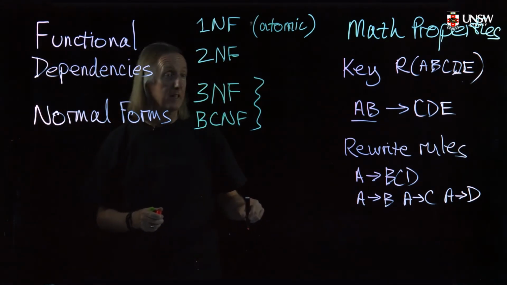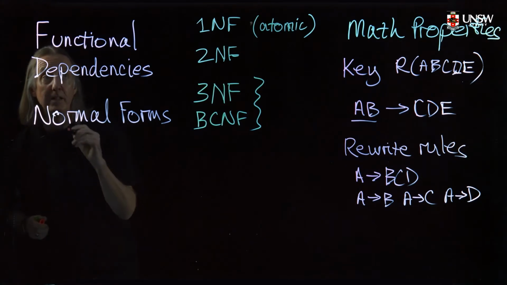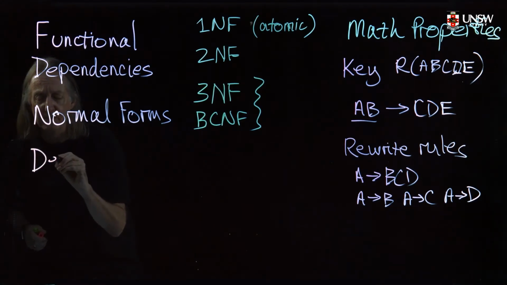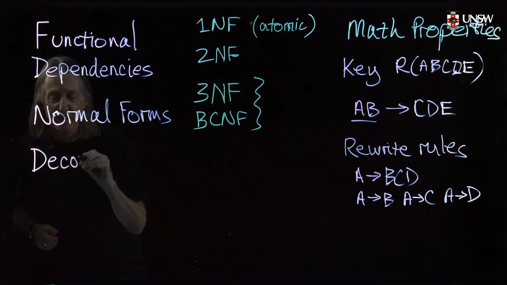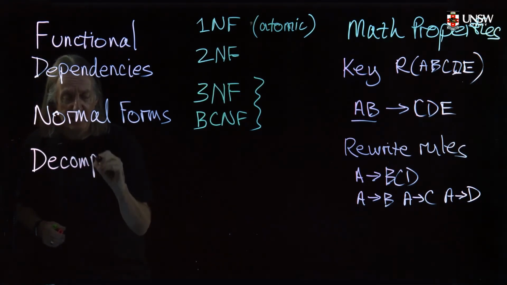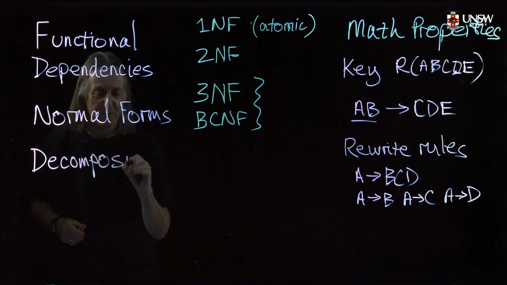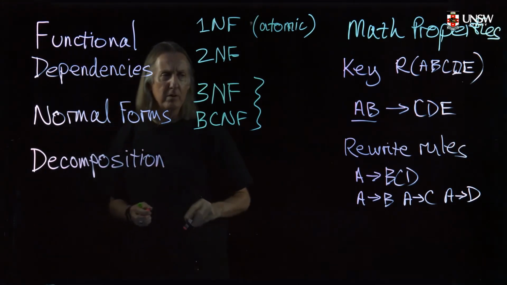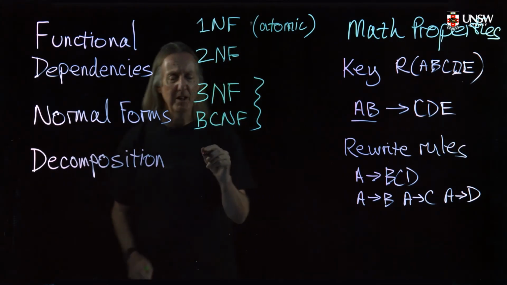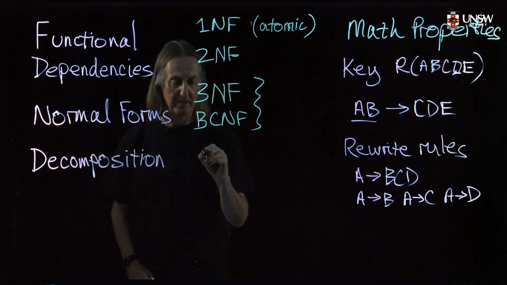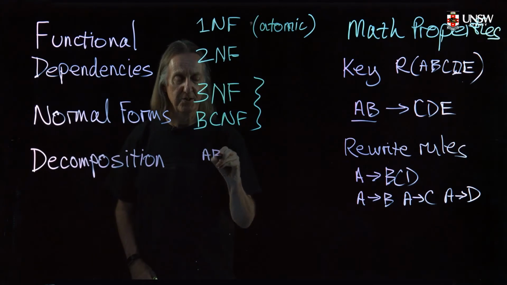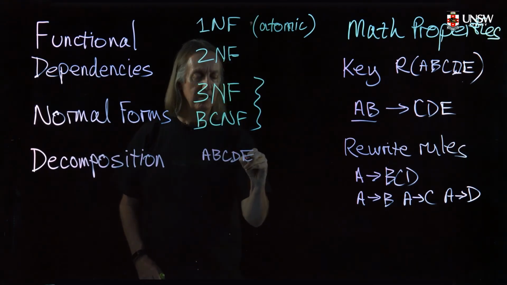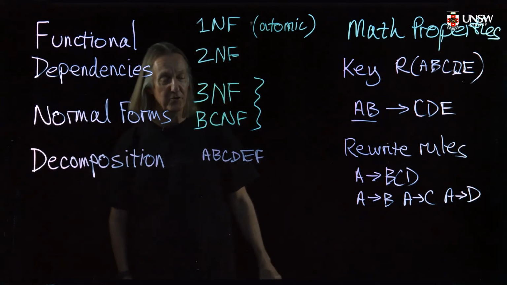And the third interesting property that we can have with functional dependencies is decomposition of schemas. It's more of a process than a property. Decomposition. So, if we've got a schema, and let's just imagine we've got a giant table with all of those attributes in it.